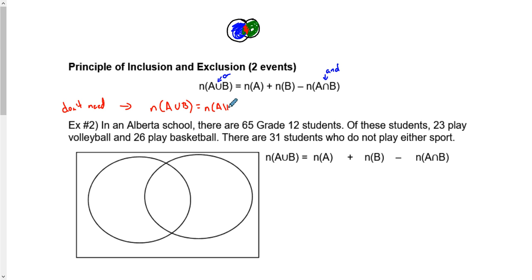In A but not B. If we added the number in B but not A and added the intersection, that would be the same thing. This is just another way of writing the equation, but this is the one that you're going to use. Oh, sorry. Use this one.